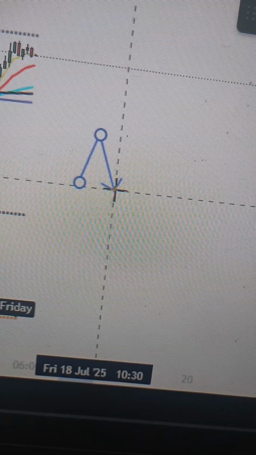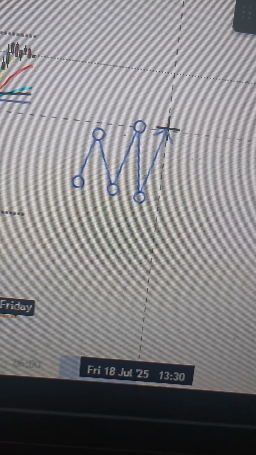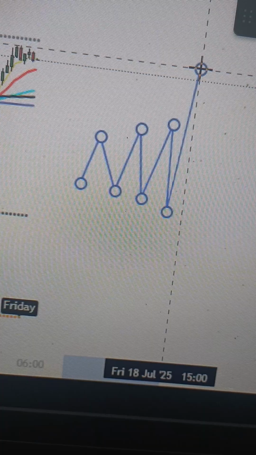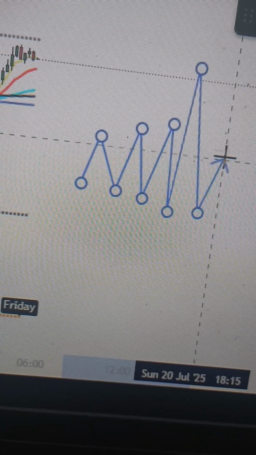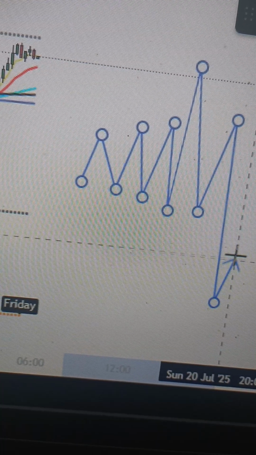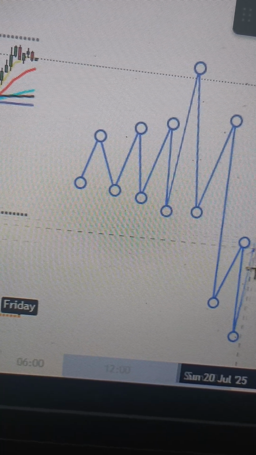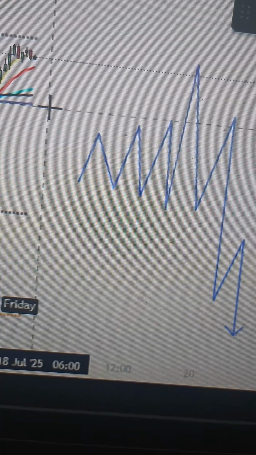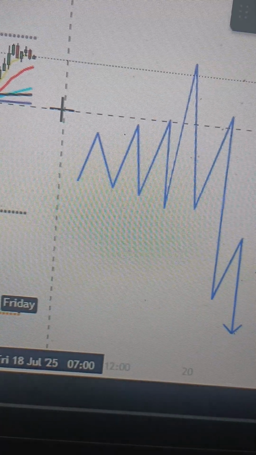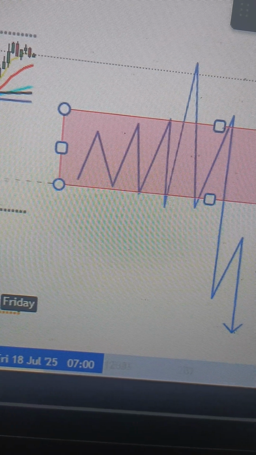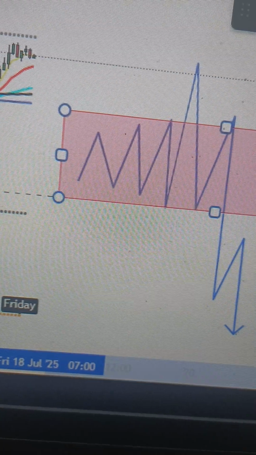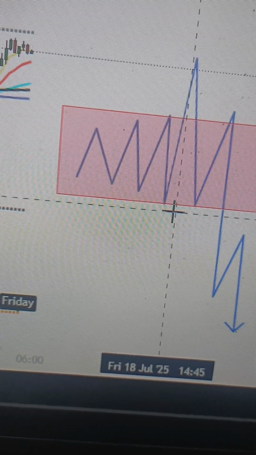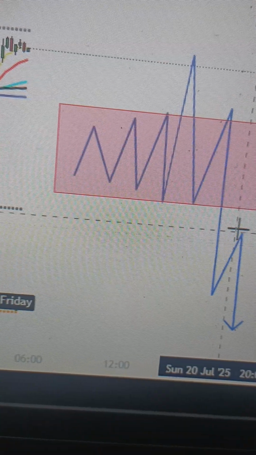So we have the Asian session here. After the Asian session, this is the Asian session, accumulation, and then we manipulate, and then we distribute.